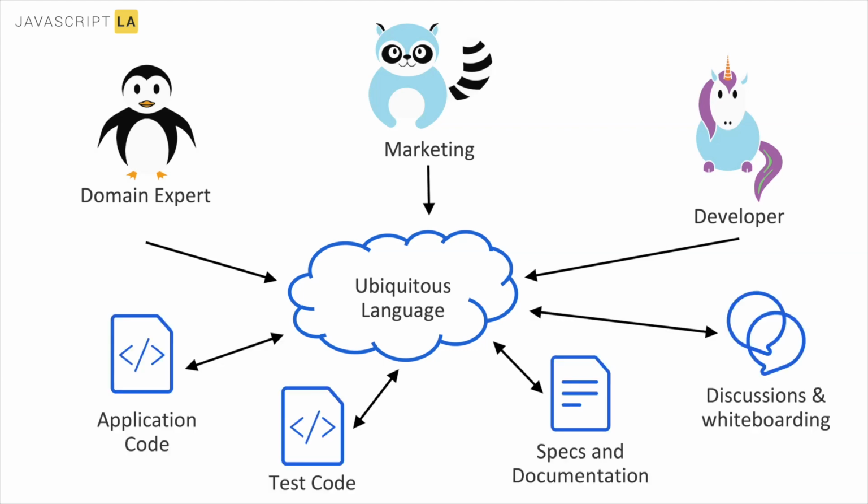So everything they communicate would use that common language, those common definitions. So if I'm somebody in marketing or if I'm a developer, I would use the same term in the test code and in whiteboarding discussions and in specs and in the actual application code and probably public documentation, right? So the idea is that everybody has the same shared set of words.